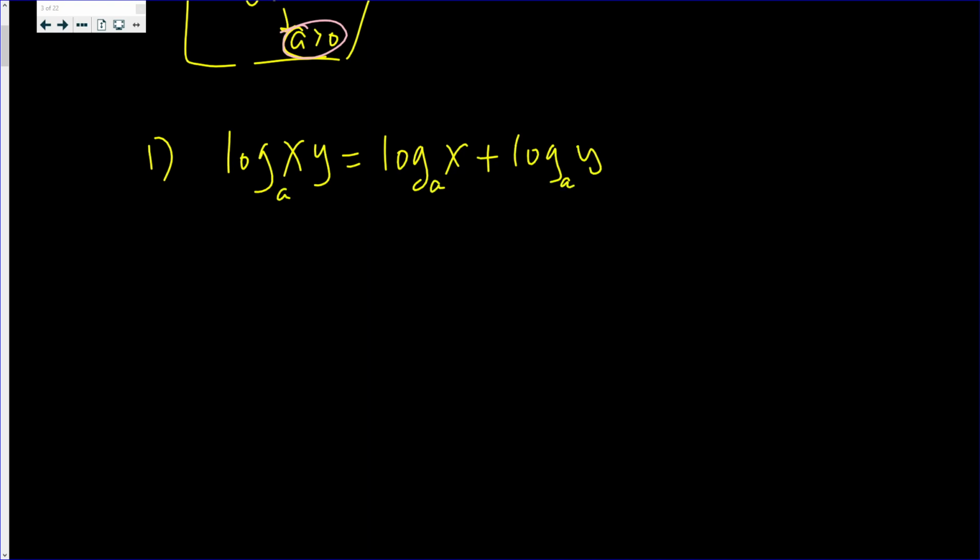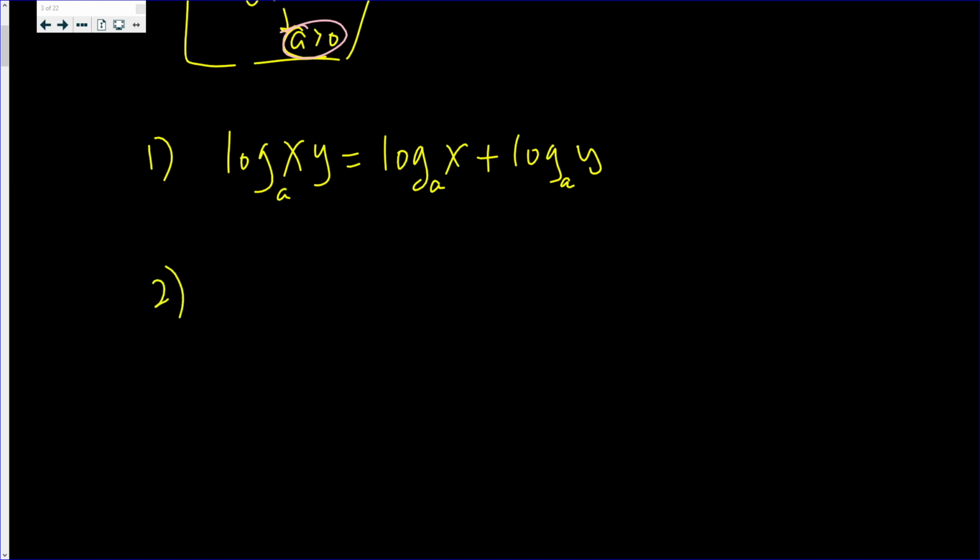So the first rule that we have is that log of xy is equal to log of x plus log of y for any base, but they all have to be the same.